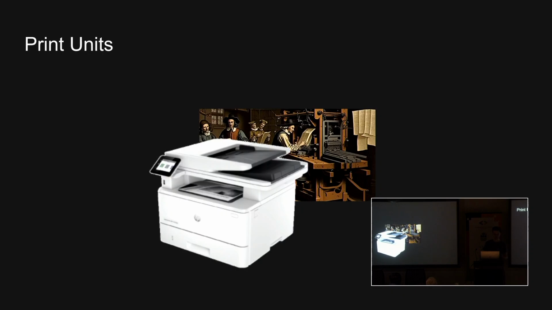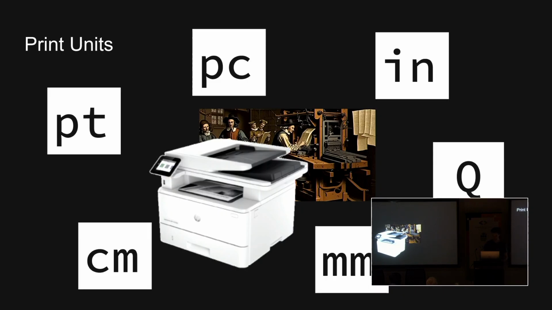Well, a pixel falls into a category called the absolute unit. I like to call them print units. And it involves all these guys. So you can actually print documents on the web and it will line up correctly. So we have a centimeter and millimeter and all the American freedom units here.